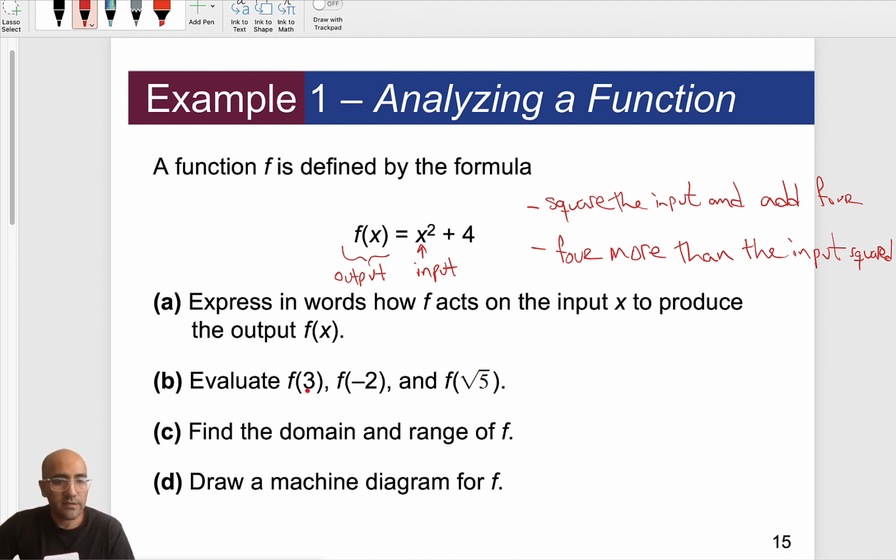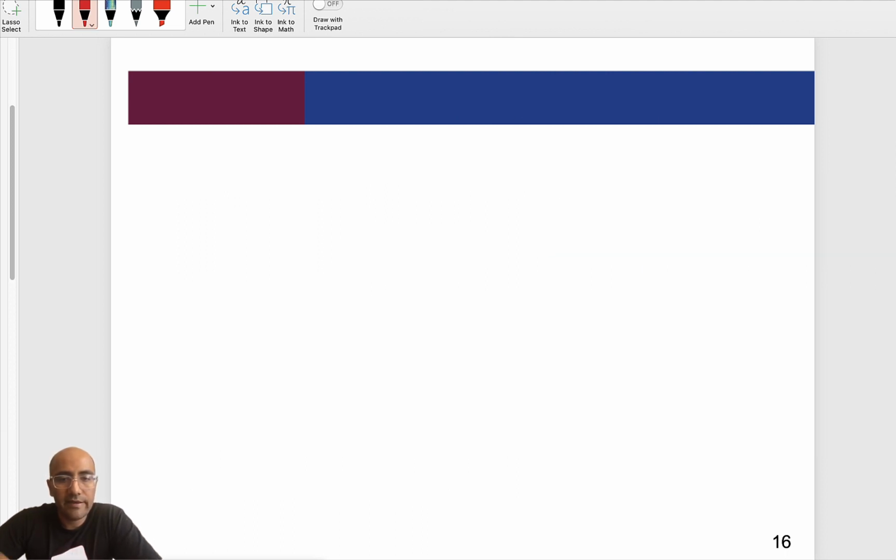Part B says to evaluate these. So find f of 3, f of negative 2, f of root 5. We have f of x equals x squared plus 4.